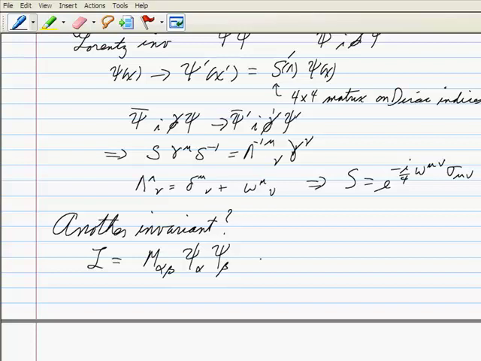Well, under a Lorentz transformation, that goes over to M alpha beta S alpha gamma psi gamma S beta delta psi delta. One of these guys should clearly be up, I guess. No, actually, these are not. These are just plain old Dirac matrices, so there's no up and down.